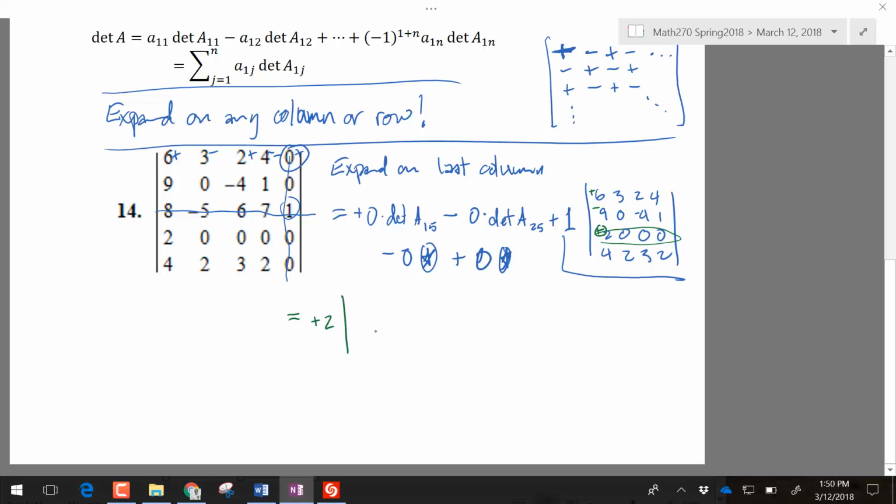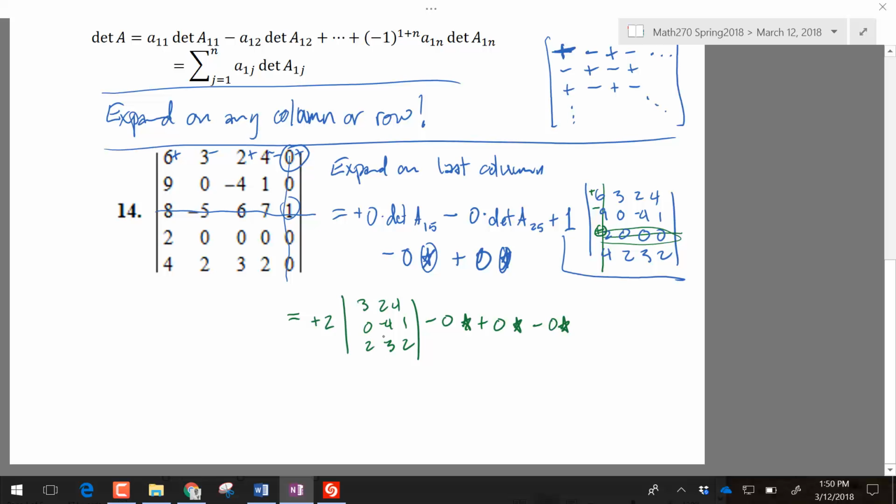Positive 2 times the expansion of the matrix that I get when I cross out the third row and first column. That's 3, 2, 4, 0, minus 4, 1, 2, 3, 2. And then I have a minus, but it's 0 plus 0 and then minus 0. Okay.